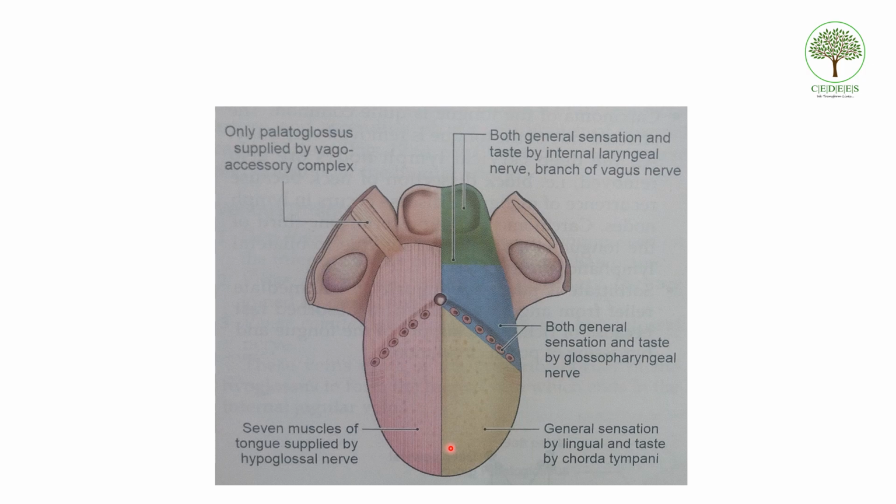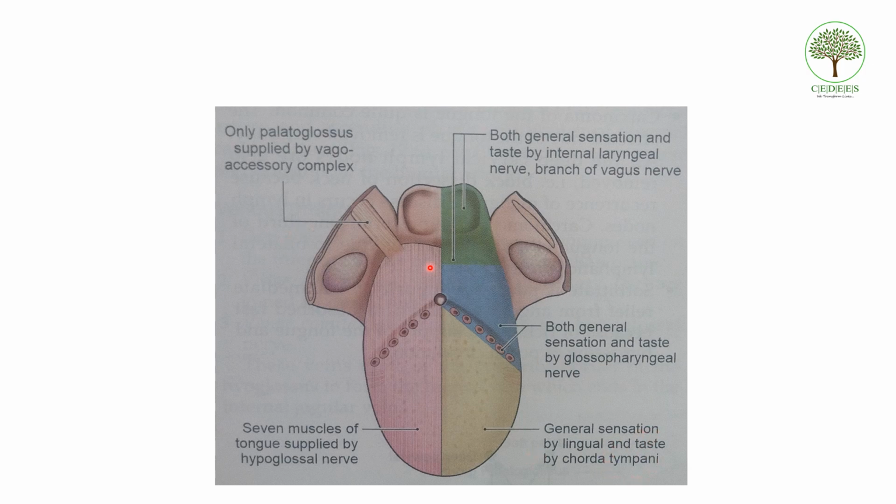General sensation for the anterior 2/3 of the tongue, except the circumvallate papillae, because the circumvallate papillae alone are supplied by the glossopharyngeal nerve along with the posterior 1/3. The other parts of the anterior 2/3 are supplied by the lingual nerve for general sensation and chorda tympani for taste sensation.